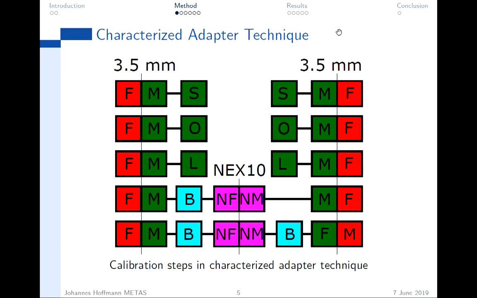This B here stands for bead. And so we can do this measurement. And assuming that we know the S parameters from modeling of this one, we can determine the S parameters of that one. And once we know that one, we can make one additional measurement and know as well the S parameters of the opposite adapter. And then we are done. So it sounds easy, but first we need to know S parameters of this one.